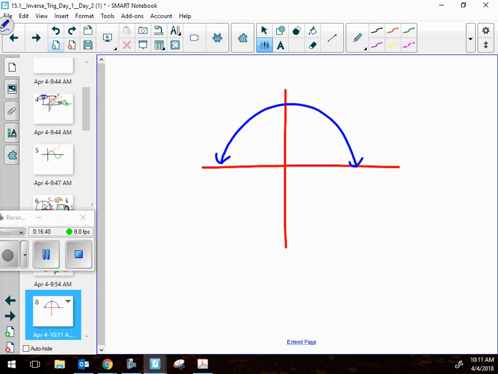You can't get an answer for the inverse cosine of 7 pi over 6. That would be like right here, you know? You can't do inverse cosine of that. If you tried it on a calculator, it's an error. I'll explain later why. But for right now, you just need to memorize where you're allowed to be and where you're not. Okay, so that one's inverse cosine.